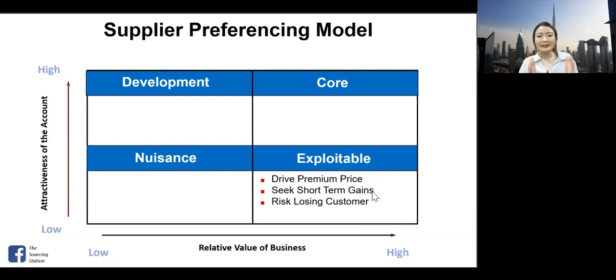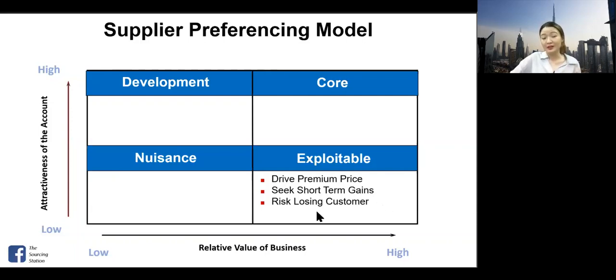So the key thing is your supplier's sales and marketing team would probably quote you a very high price, but as a customer yourself, you may not realize that and you keep giving them business. Their key goal is to get as much margin as possible here.